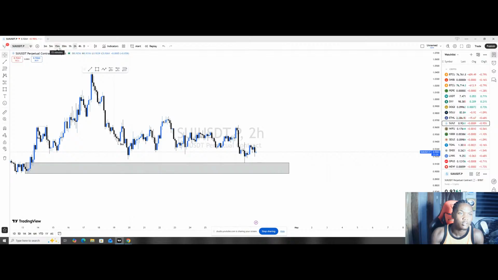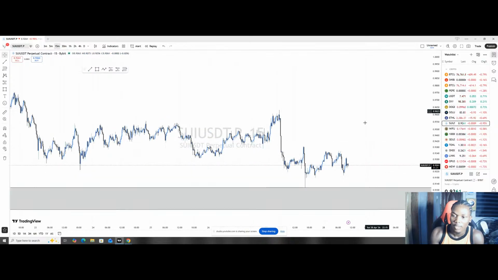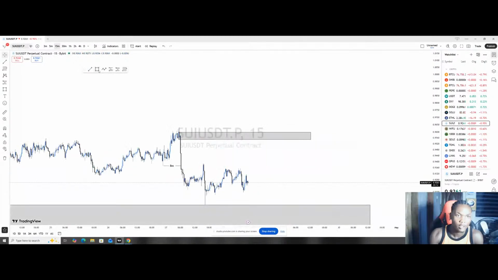So let's go to the 15 minutes to look for our entry. I'm going to be marking the other level right there, and then we have our break right here. This is our liquidity.